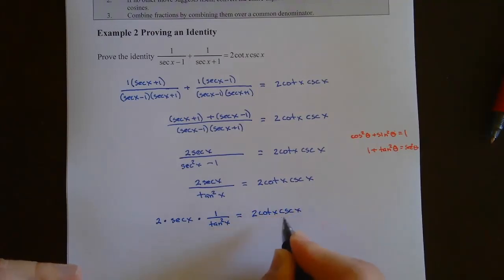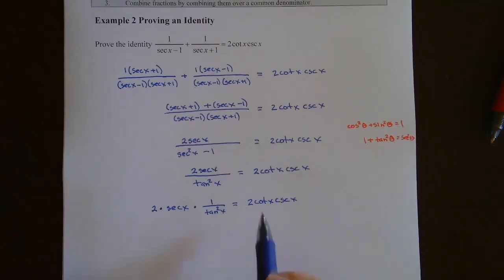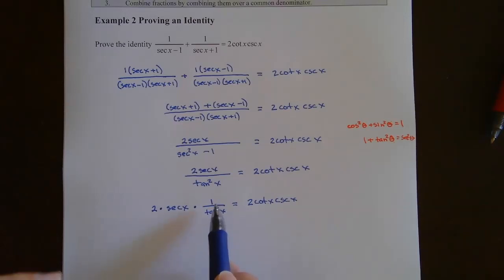So I'm trying to get it to match this one, right? I'm trying to get there, okay? 1 over tan squared x. Now, this is really 1 over tan x times 1 over tan x, right? And what's 1 over tan x? 1 over tan x is cotangent x. That's an identity, okay? So 1 over tan x times 1 over tan x is cotangent x times cotangent x.